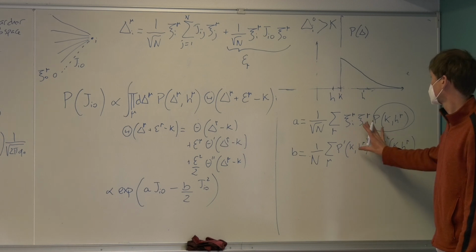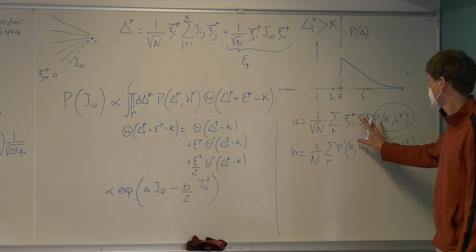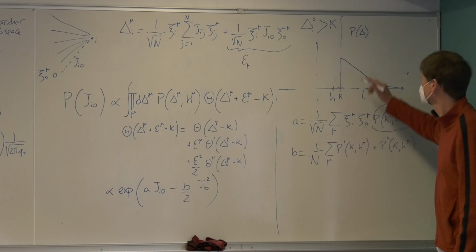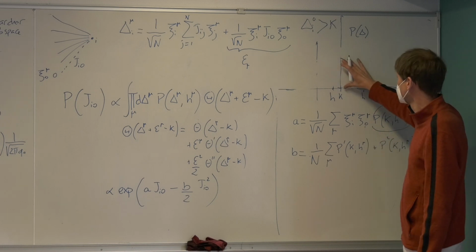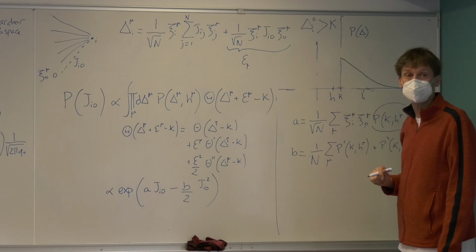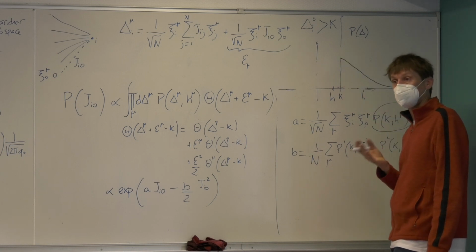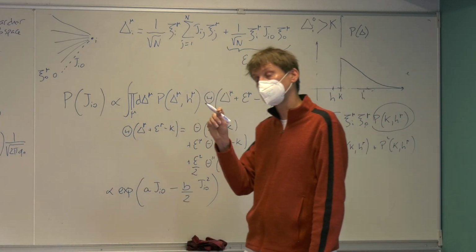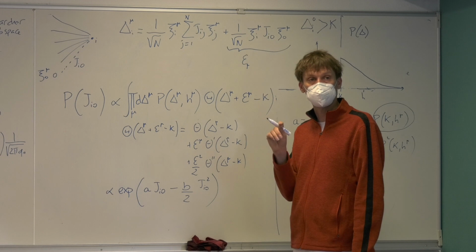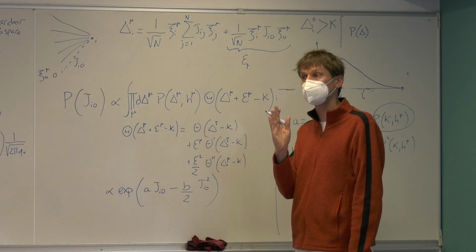And another observation is that, unsurprisingly, the only thing that matters in that distribution is actually the shape of that distribution close to kappa, because the only real constraints on this weight vector are basically those patterns that were very close to kappa, that barely satisfy the inequality.